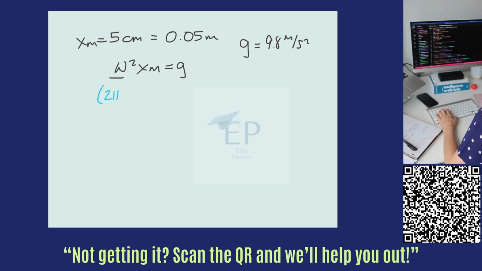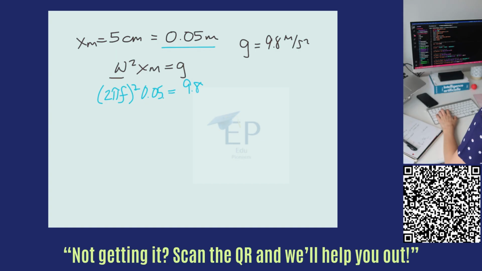So we'll have (2 pi f) squared times our amplitude equals 9.8, and we can substitute in 0.05 meters for our amplitude, because that's when we're trying to find the frequency for that particular amplitude.